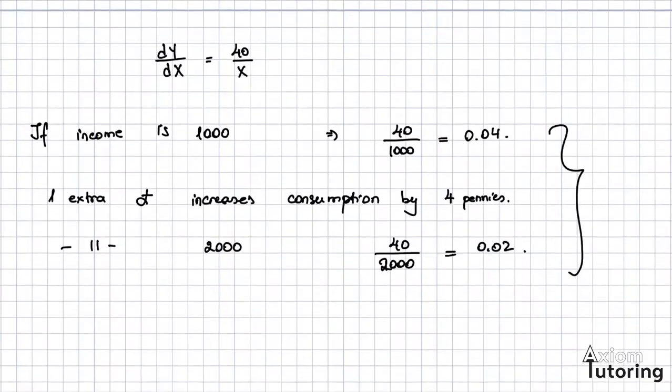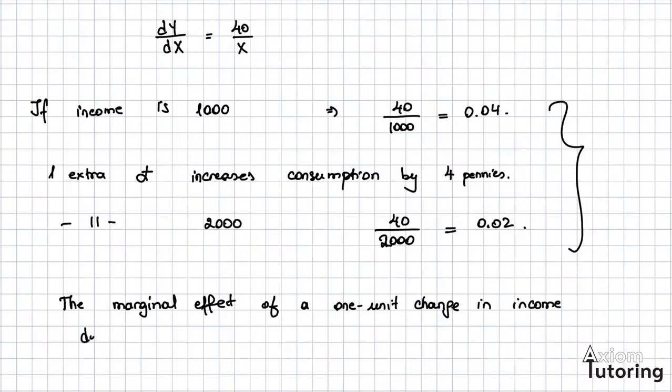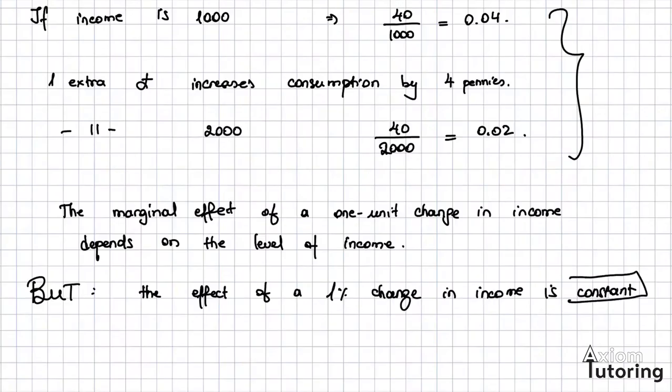Look, here we're seeing that the marginal effect of a 1 unit change in income depends on the level of income, but the effect of a 1% change in income is constant. Okay, so that's the key contrast here.